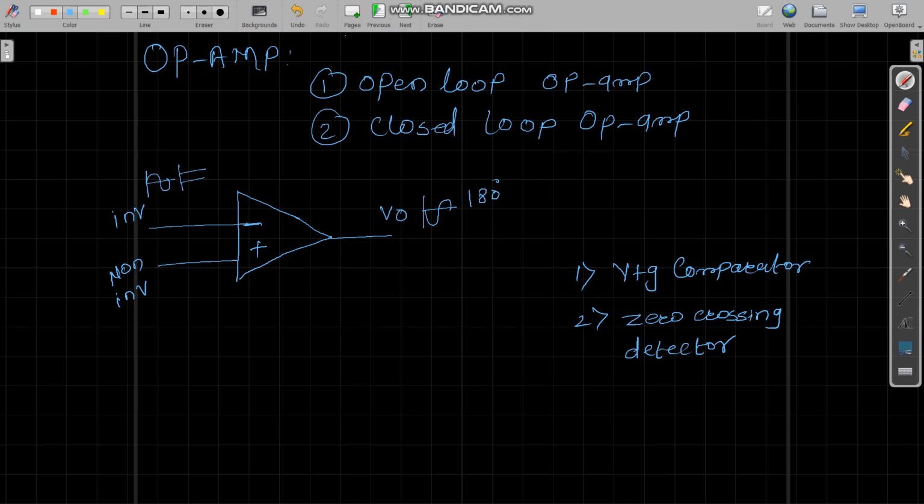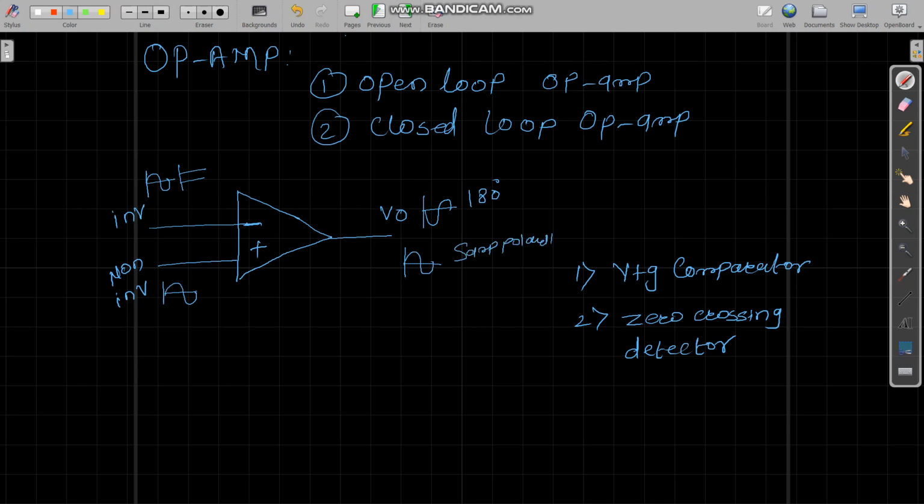And coming to the non-inverting, when you apply an AC input or DC voltage to this particular input, it will produce an output which is in phase with the input, or of the same polarity.